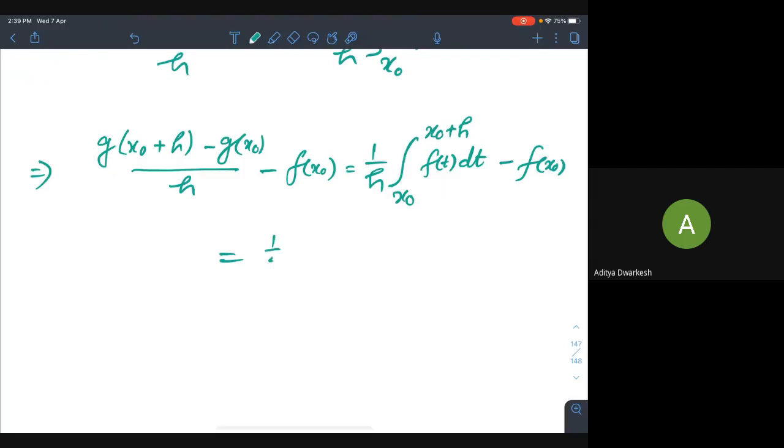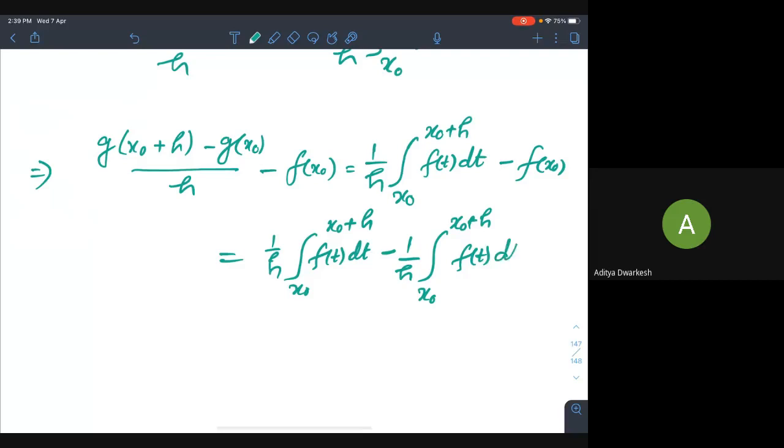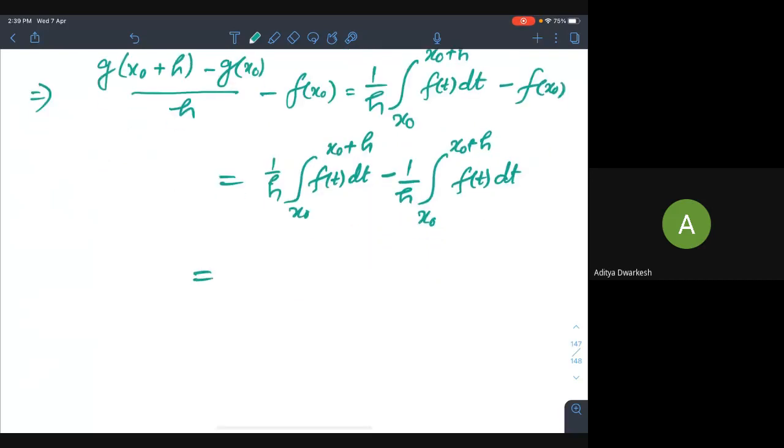On the right hand side this is 1 over h times the integral from x naught to x naught plus h of f(t) dt minus 1 over h times the integral from x naught to x naught plus h of f(x naught) dt.